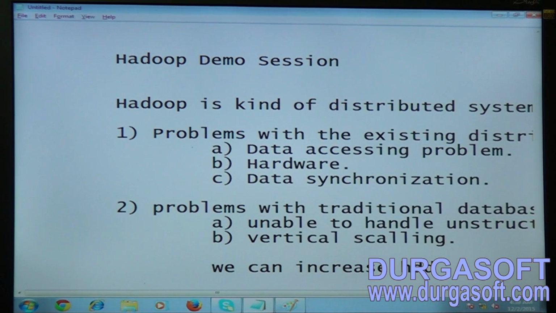They are real-time, well-known problems when we use existing systems to process big data. Let's see how Hadoop provides a solution.